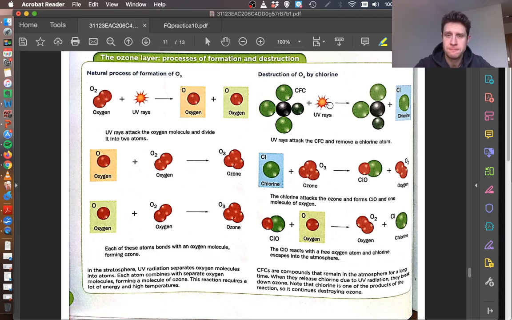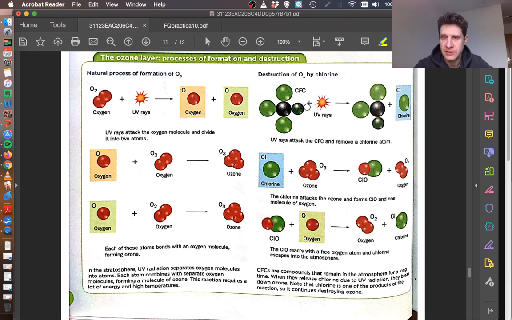So what we have here is one carbon, three chlorines, and I think it is hydrogen. When these CFCs that were in the air conditioning, los aires acondicionados, in the fridge, las neveras, they have this gas.